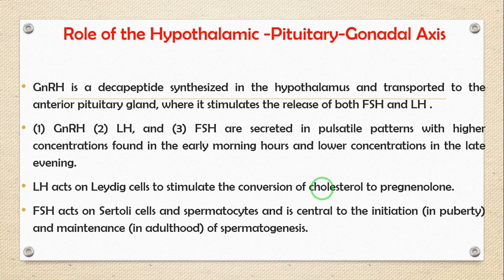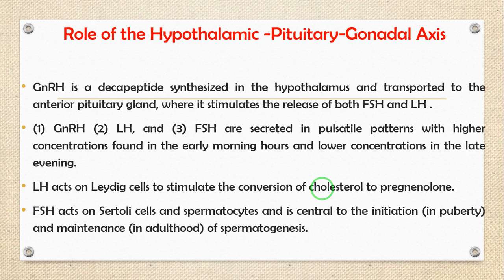The secretion of the gonadotropin releasing hormone and subsequently the gonadotropins occurs in a pulsatile pattern. What do we mean by this? It means that the concentration is not constant throughout the day. There is a time in the day when the concentration of these hormones increases.